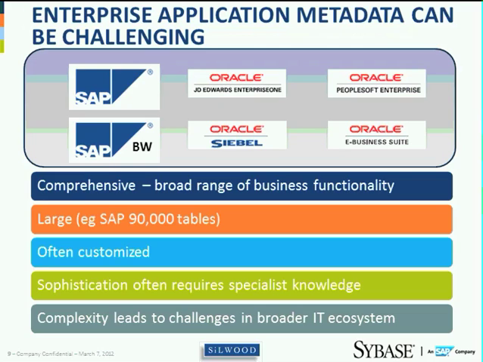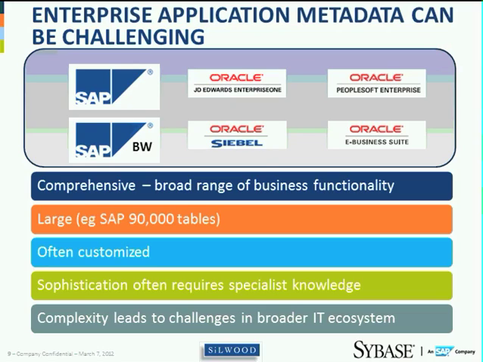So, for example, if you implement SAP ECC6 now, you start with 90,000 tables before you add some more, and then you can make changes to the existing tables. So those data structures in all of those applications can become quite complex and quite difficult to understand.